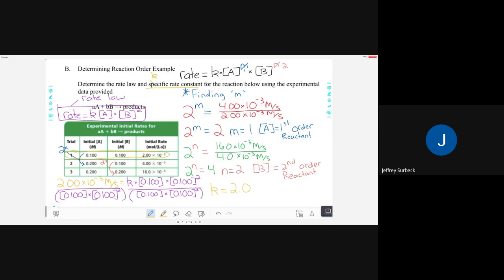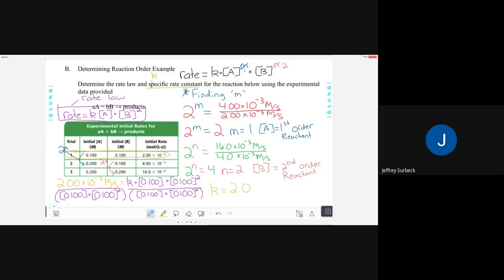And then I'm going to ask you to turn back to that chart that I said, hey, remember K, I'll tell you to reference that chart. And I'll ask you this. Overall, what is our total reaction order from this rate law? So look back at the exponents. We have a 1 plus a 2.